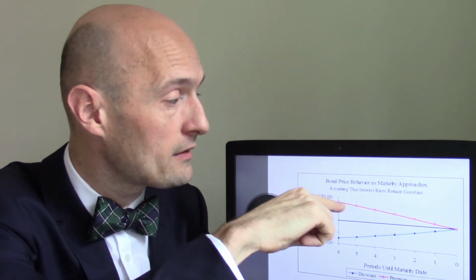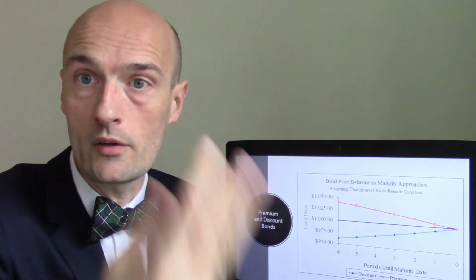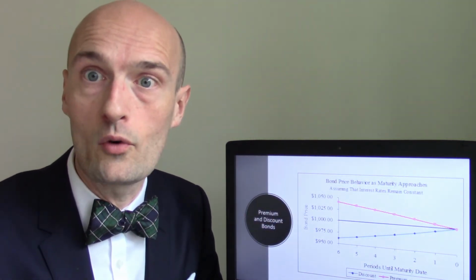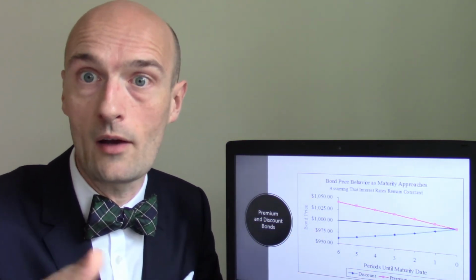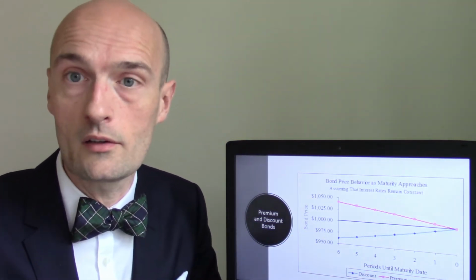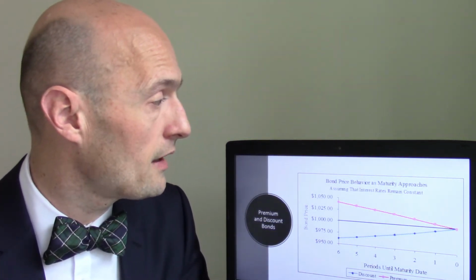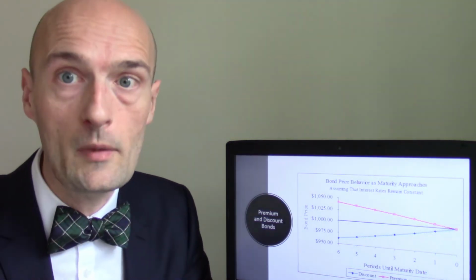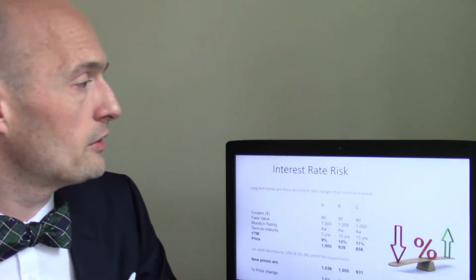But you would expect, as time goes by, for that bond to slowly fall in value until, the day before maturity, it would be trading at $1,000 per $1,000 of payoff value. And so that is premium and discount bonds, and hopefully that makes a lot of sense to you.